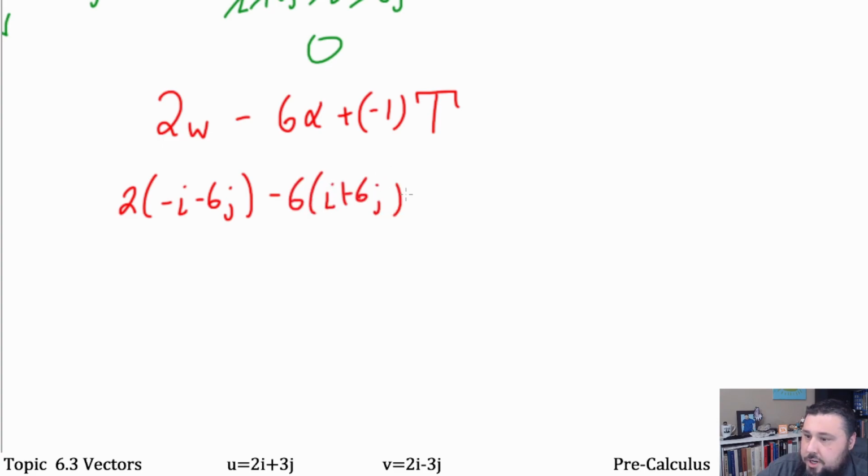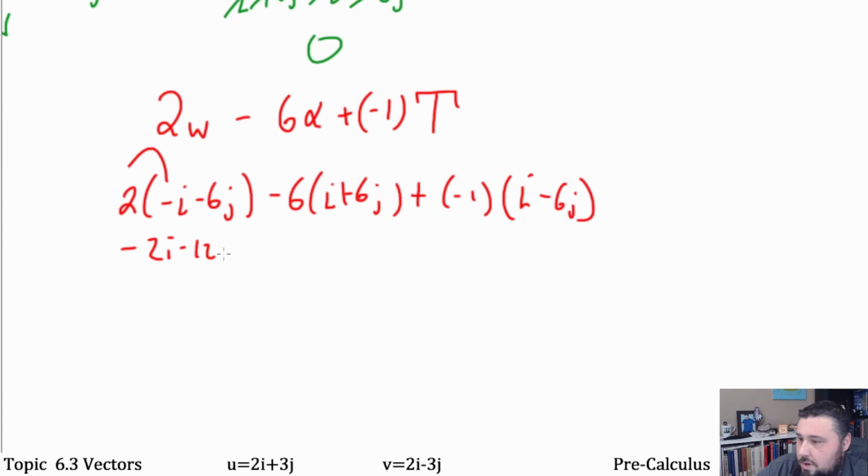This is why I didn't want to change these up too much on you, because it's getting easier and easier to remember what they were. Negative 1 times I minus 6j. Do a distribution, combine like terms, and we are done. This is negative 2i minus 12j, minus 6i minus 36j.